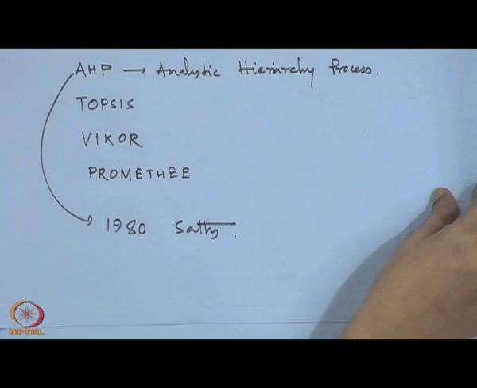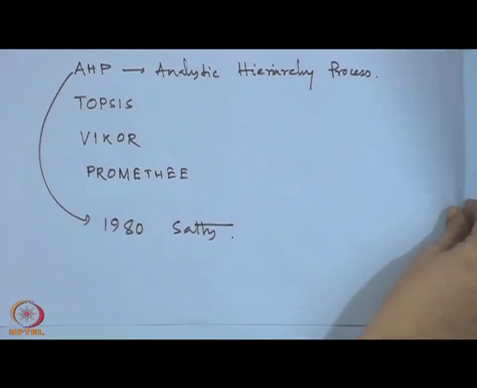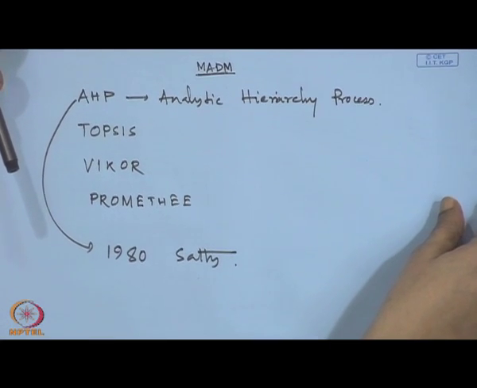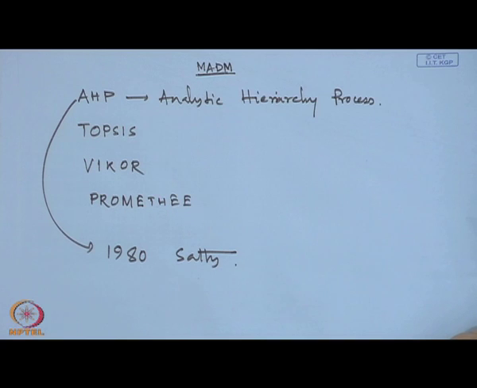Now, in the process of information acquisition, whatever information is available, accordingly we have to take the decision. In multi attribute decision making problem, the information may be of different kind. It may happen that we have the information regarding the alternatives, and the information about the ranks of the criteria.